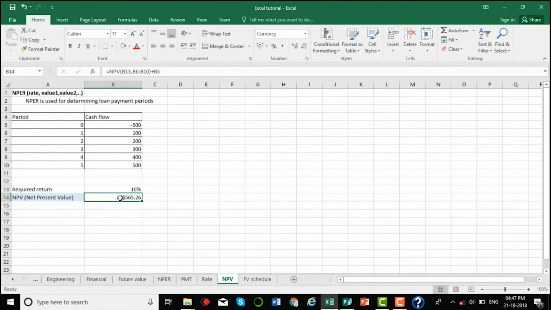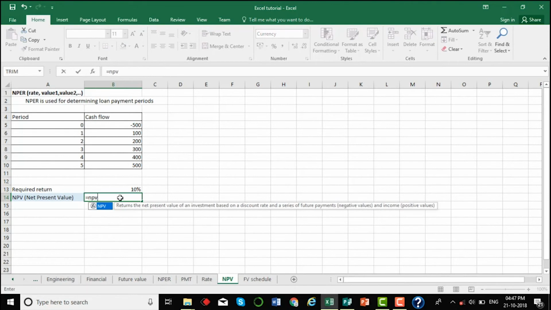The formula for this would be equals NPV, the rate, the required return rate is 10%, select it, comma, we have to select the number of series of cash flows. I'll go ahead and take it from period 1 to period 5, and these are my future cash flows.